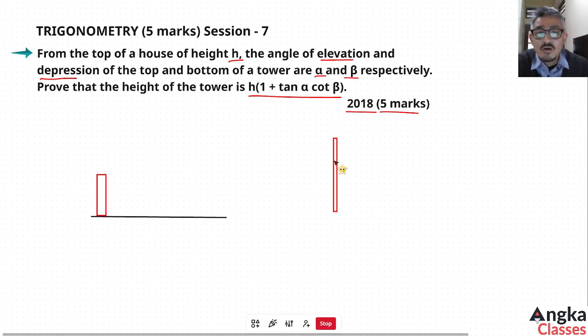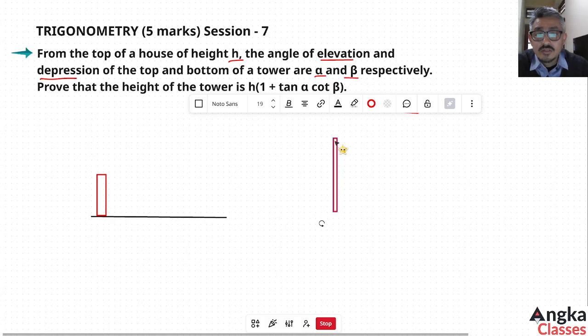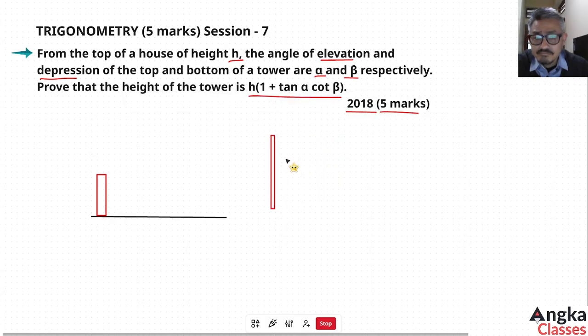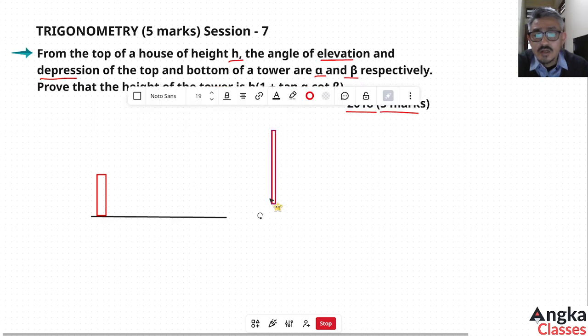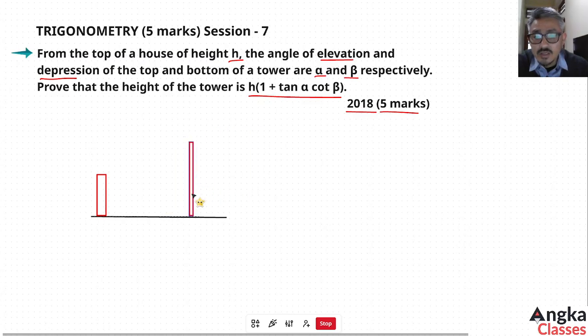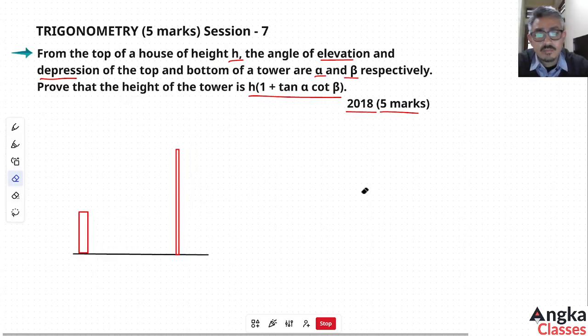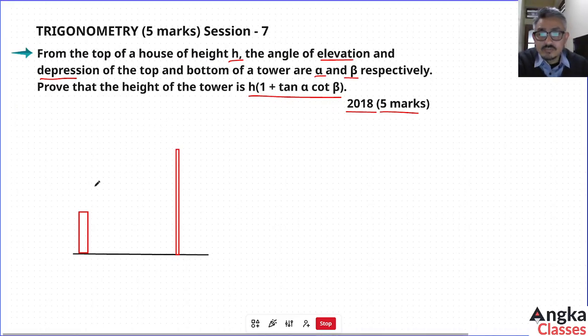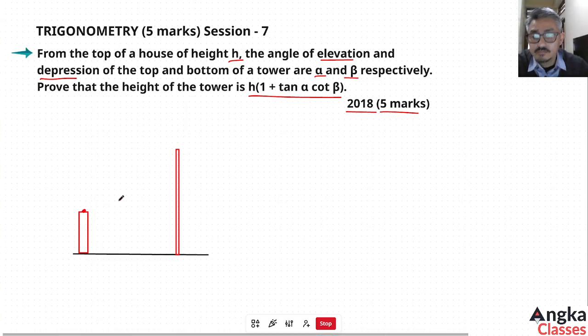The house is here and the tower is there. Now the tower, the top of the tower and the bottom of the tower.